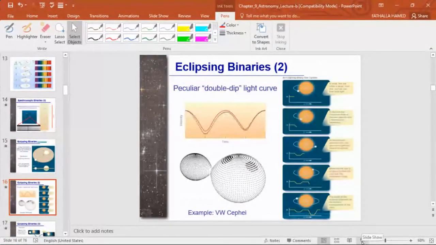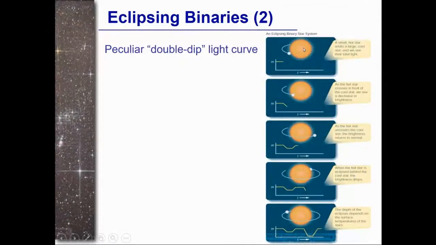So as you can see in this cartoon here, you have two binary stars. You have the bigger star and the smaller star, and you want to measure the intensity that you receive from these two stars. You're measuring the intensity from both stars, and you get this value here.